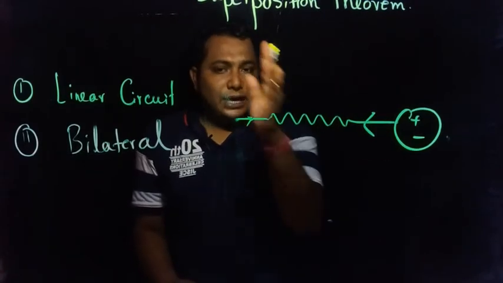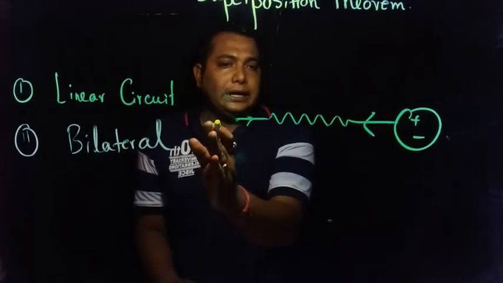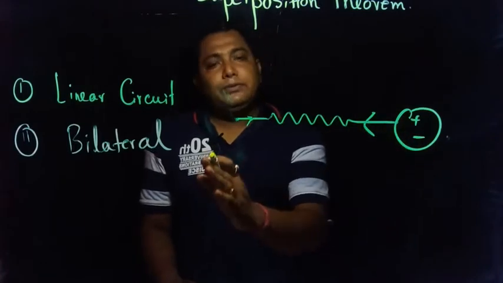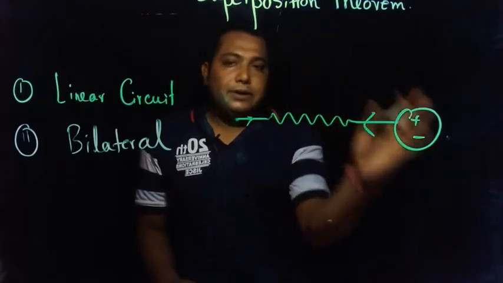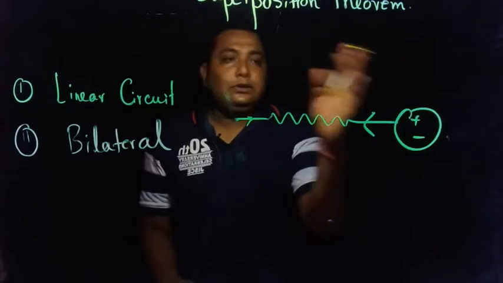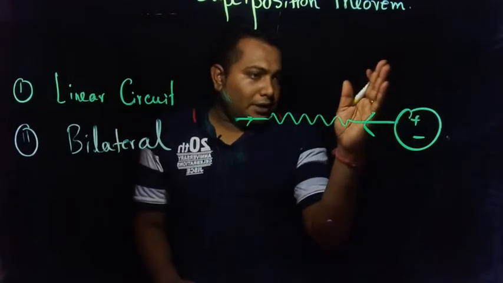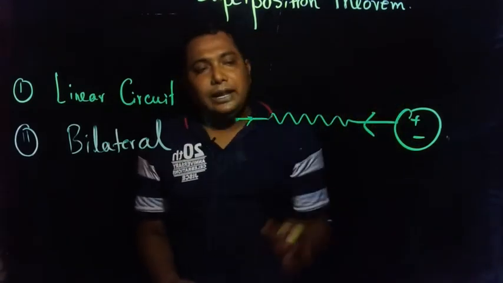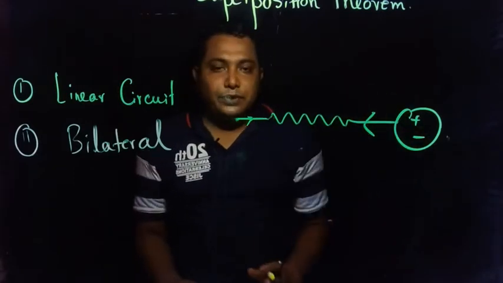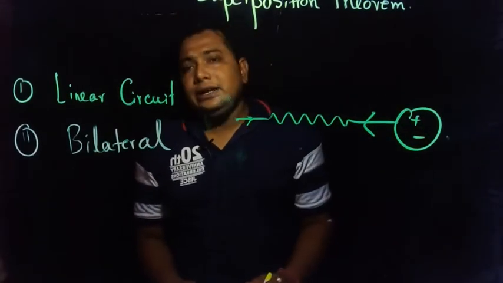So if we connect the positive terminal over here and the negative terminal over there, the current will flow from this side to that side, or if we reverse the terminals, the current will flow in the opposite direction. This property is known as bilateral.